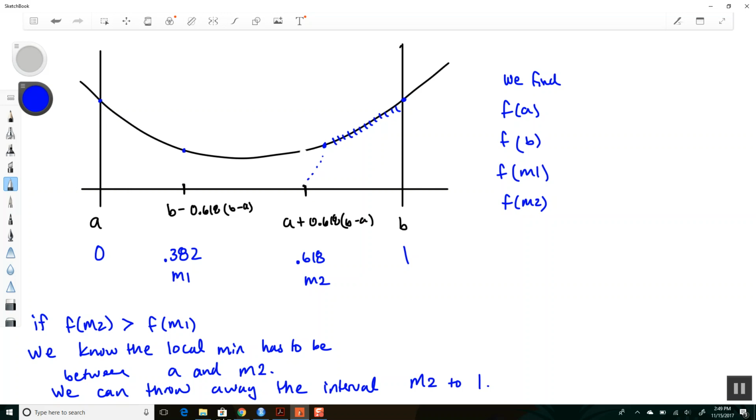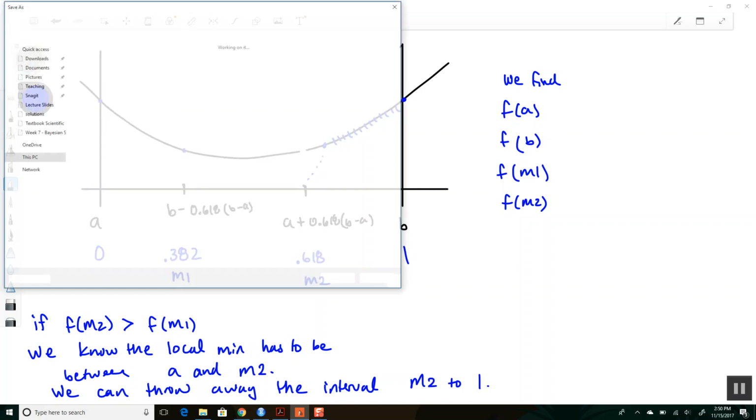Okay, because we are in a situation where you've got 3 points, A, B, and C, and we know that C is between A and B, and if C is less than A and B, then the local minimum has to be between here and here.